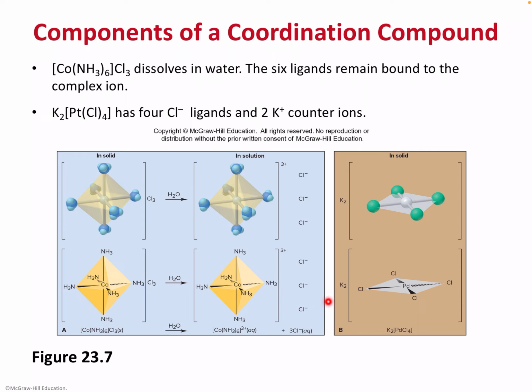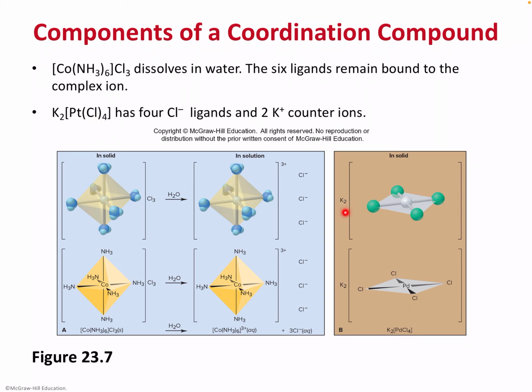Here's another example, this one here. Potassium is the counter ion. It is a positive ion, the counter to the uncomplex one, but the complex ion for platinum chloride, PtCl4, is the complex anion. Here what you have is a complex cation and a simple anion, and in this one you have a simple cation and a complex anion.